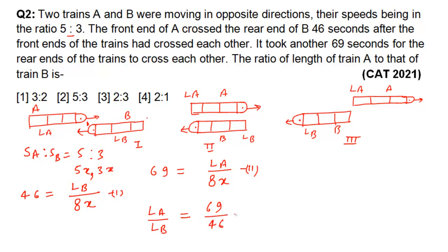Other things will be cancelled out, and that is basically 23 times 3 and 23 times 2. This is 3 by 2. So 3:2 is the answer, and option 1 is correct.